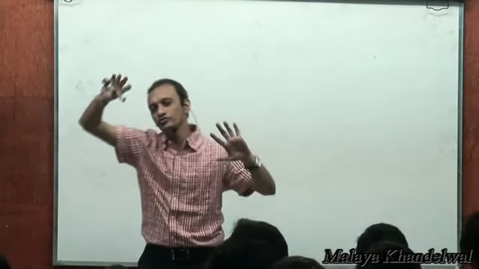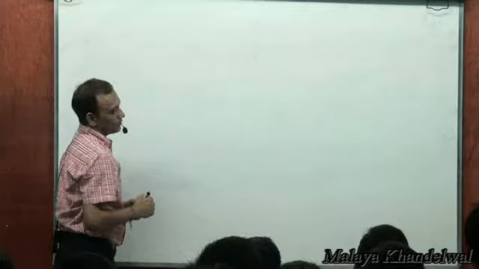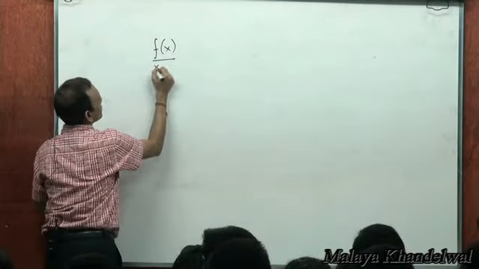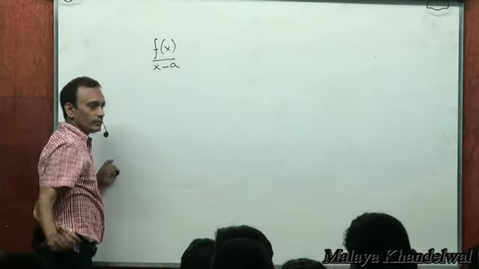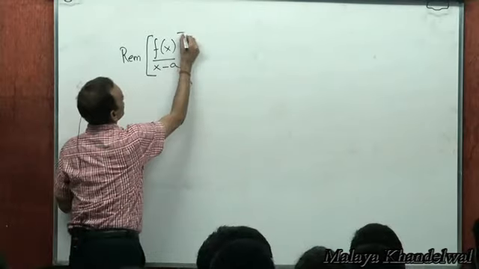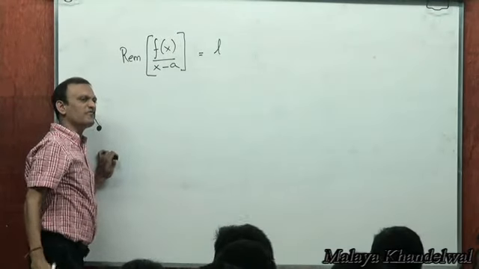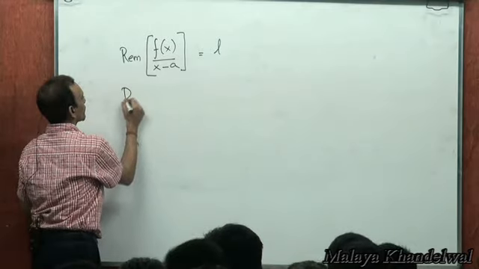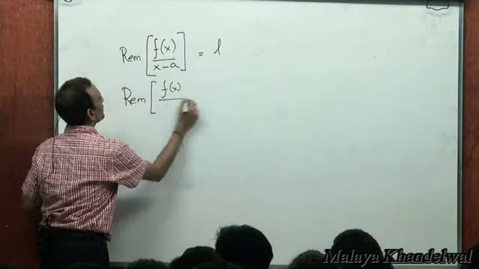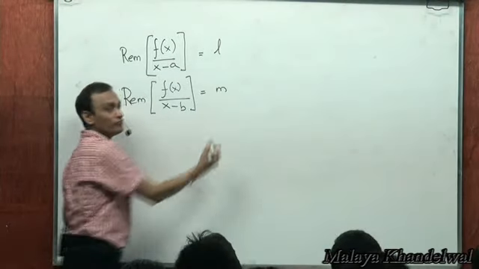Not confused now? Suppose when f(x) is divided by x minus a, say the remainder of this division is L. F(a) is L. When f(x) is divided by x minus b, say the remainder is m, which is f(b).